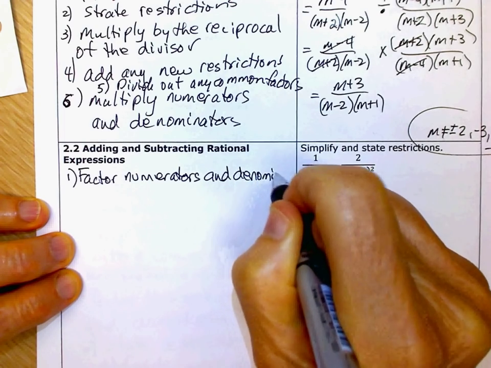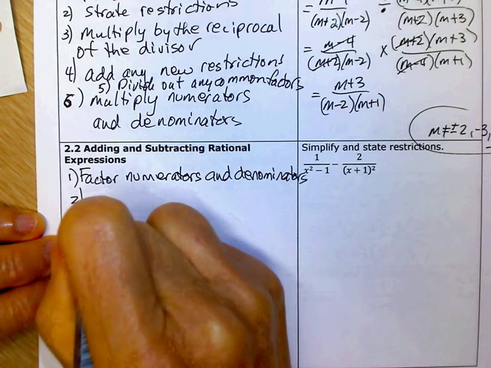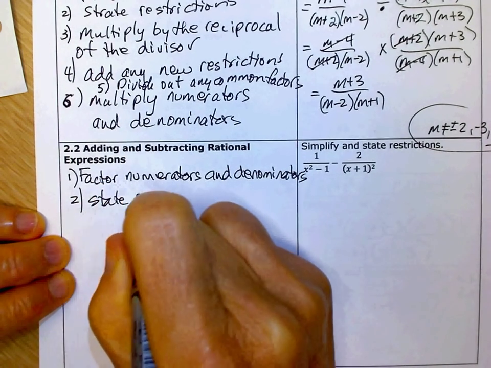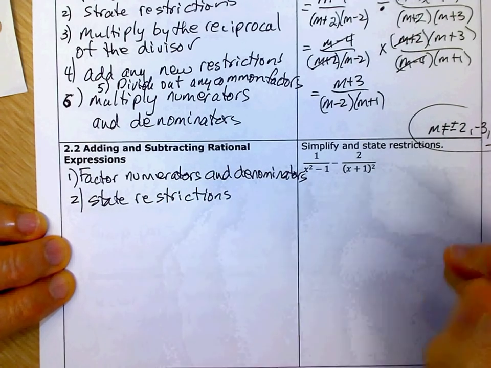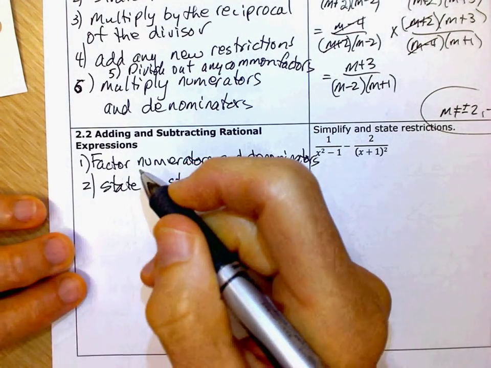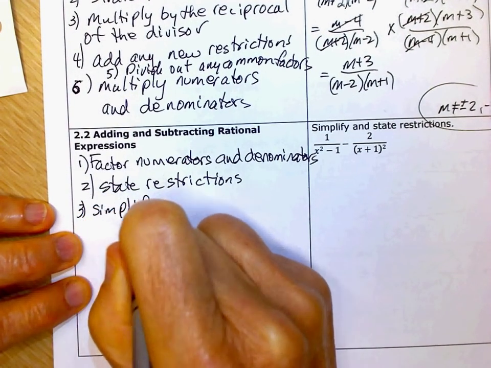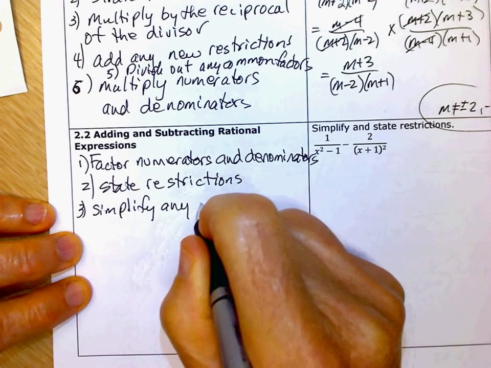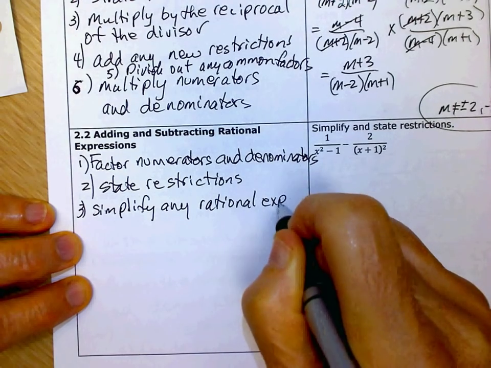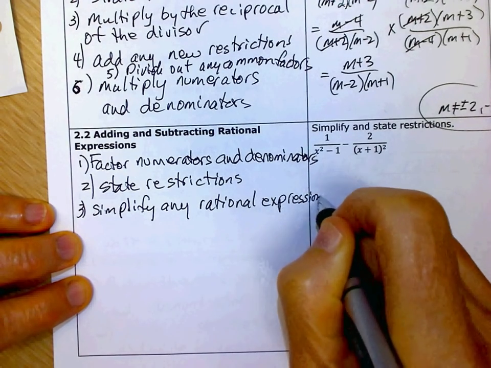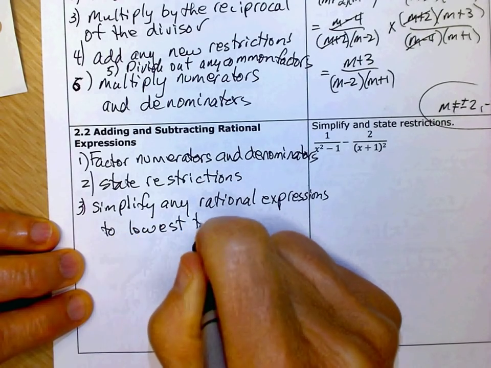Number 2, state restrictions. Before you cancel things out, you don't want to lose any restrictions. 3, simplify any rational expressions to lowest terms. Okay, that will simplify the rest of your calculations.